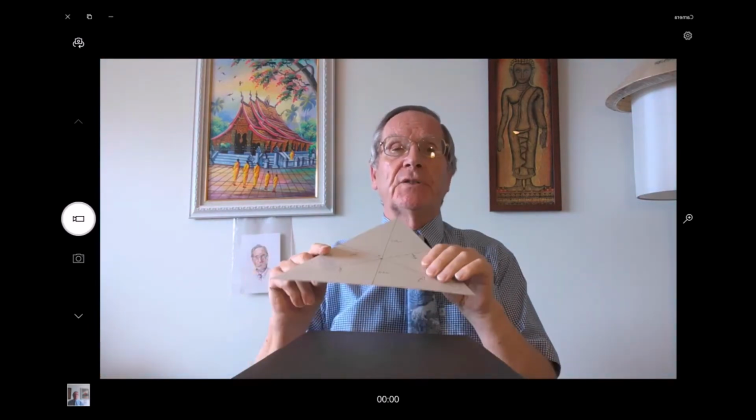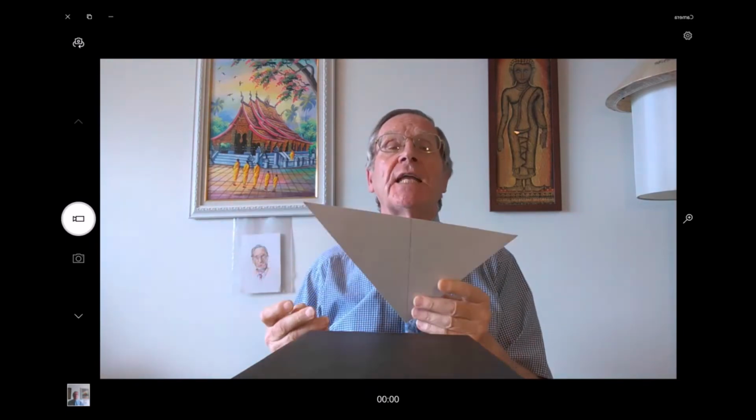Well, what happens if we take a slightly more complicated shape, a triangle? If we have a triangle, how can we find out anything about the center of mass? Well, let's look and see what happens if we start to balance it.